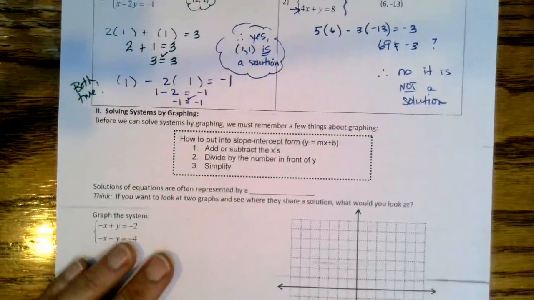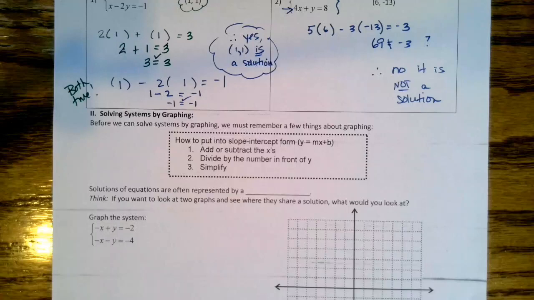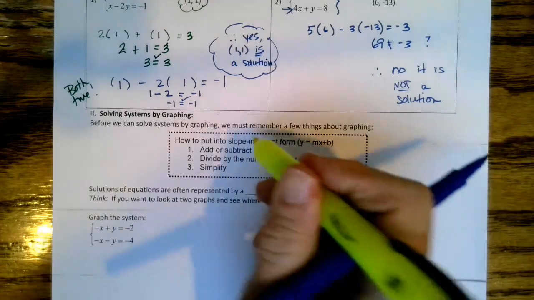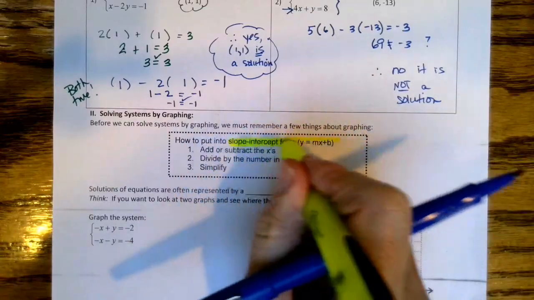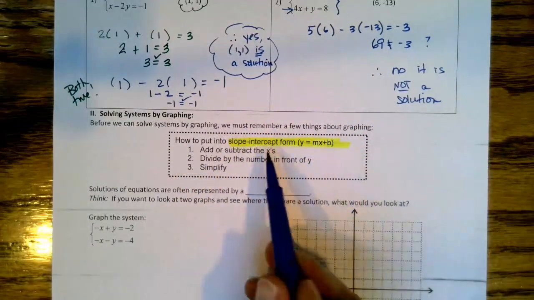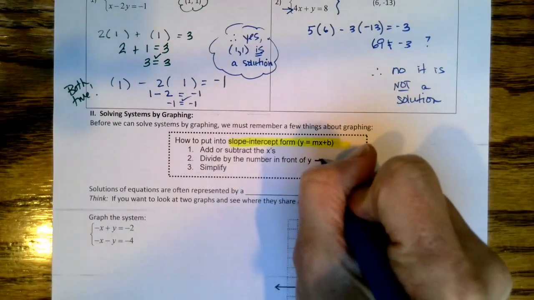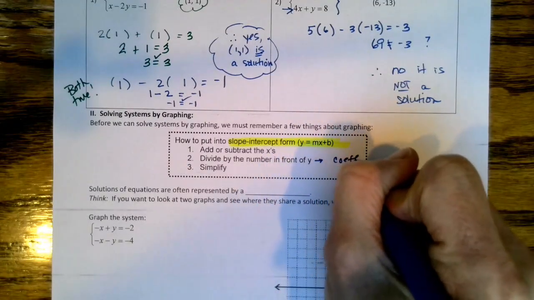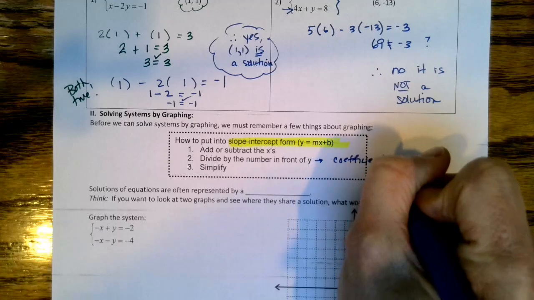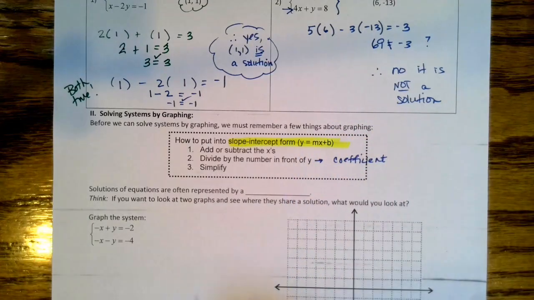Alright, when I'm solving a system by graphing, before I can solve by graphing, I have to remember a couple things. I want to make sure I put my equation into slope-intercept form. I can add and subtract the x's and then divide by that coefficient. This is our coefficient. And then, of course, simplify.